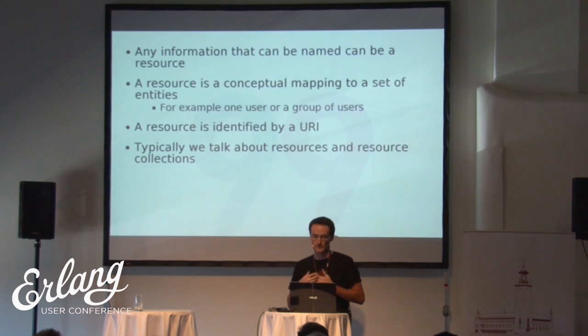Yeah, and I should also point out that typically we will have two kinds of resources. Resources that simply point to a set of different resources, and then these resources. For example, a list of users would be called a collection, and one user would be simply a normal resource.